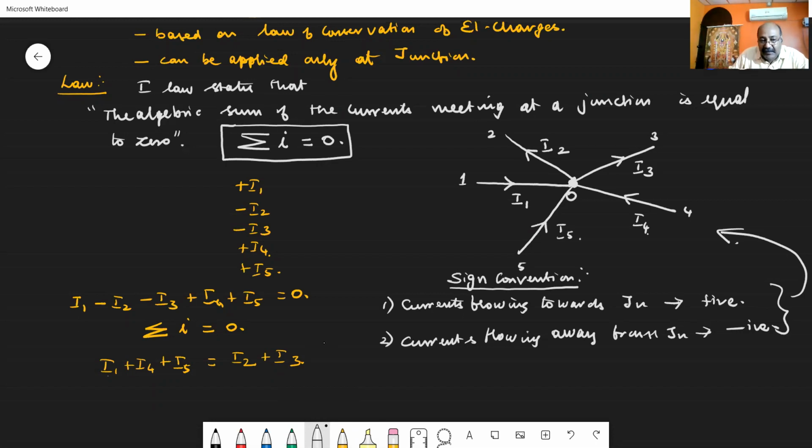So I1 plus I4 plus I5, the sum of the currents flowing towards the junction, equal to I2 plus I3, the sum of the currents flowing away from the junction.